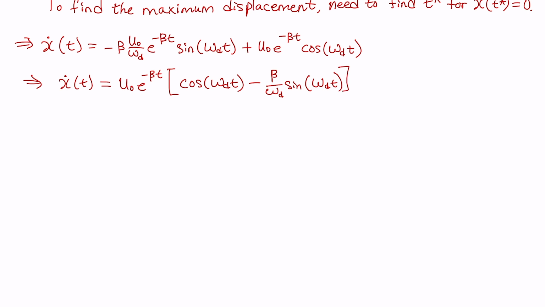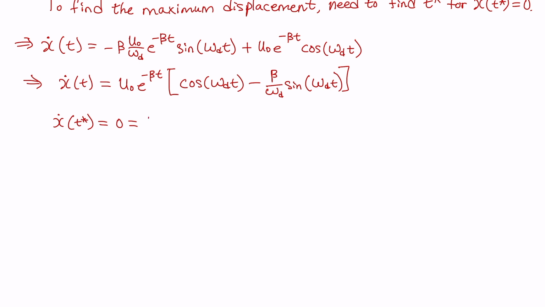Okay, so now that we've computed the velocity, we want to find t star. So x dot of t star must be equal to 0. That's our condition. In order to find the maximum displacement, we must have a 0 velocity.